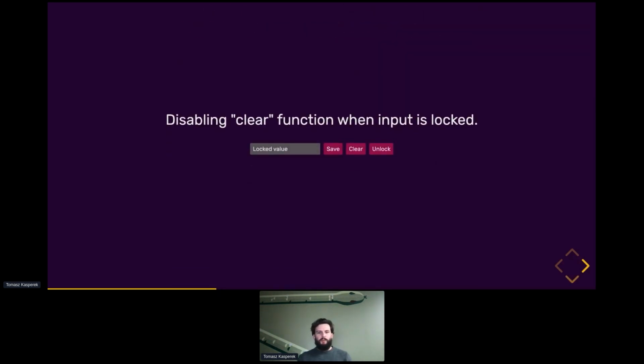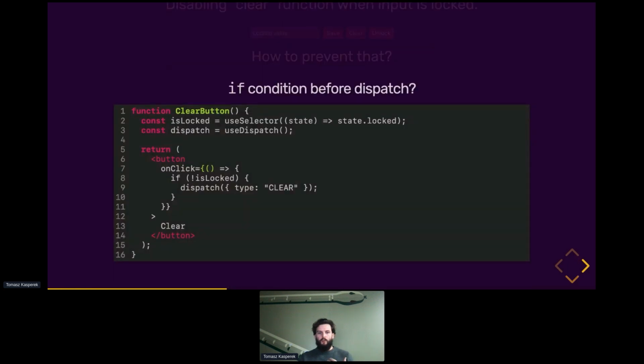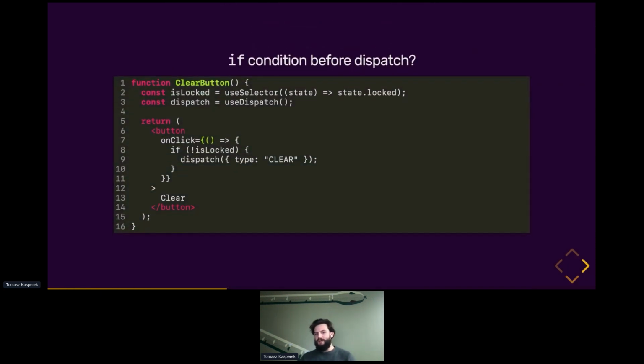And let's go back to our example. If we want to disable the clear function, meaning if the input is disabled, if it's locked, how do we even approach this in Redux? Well, we can do this in a view before dispatching an action.